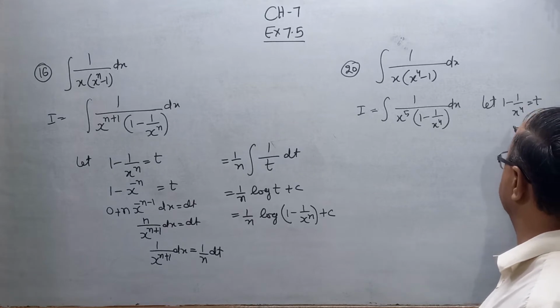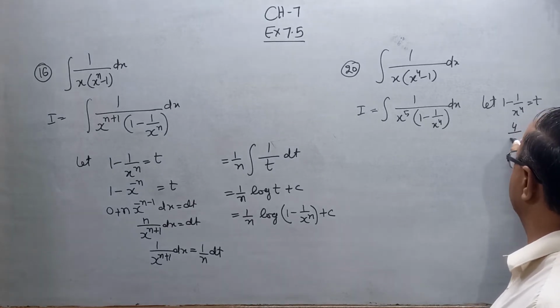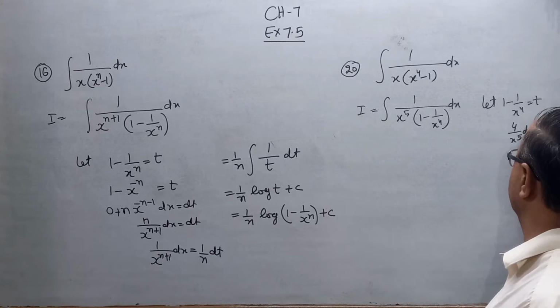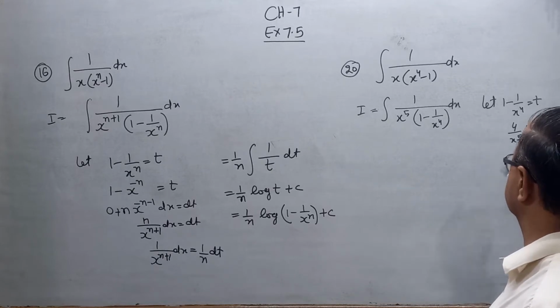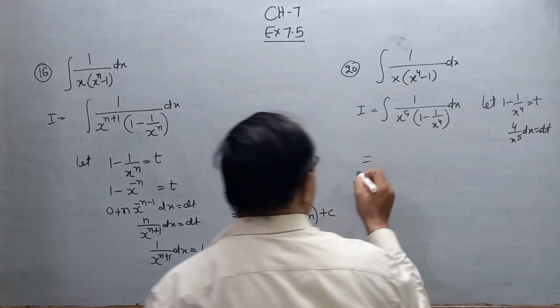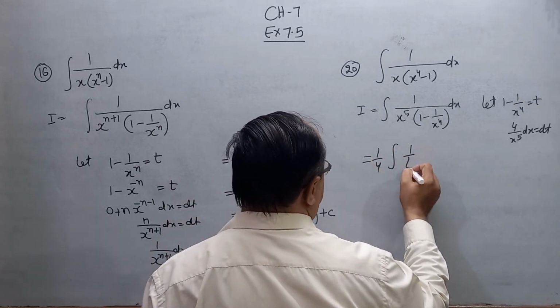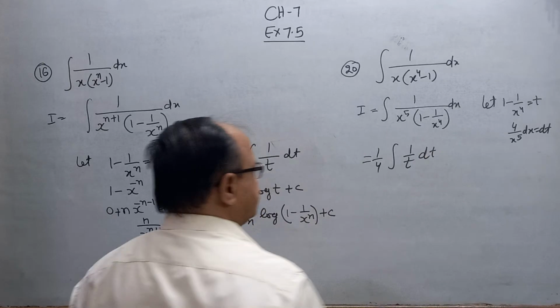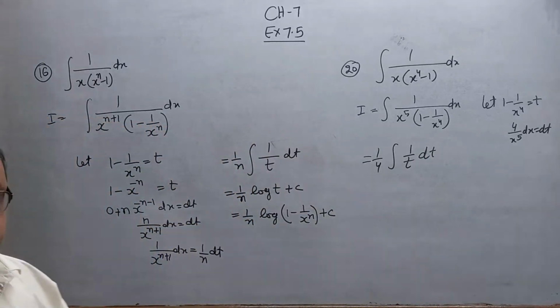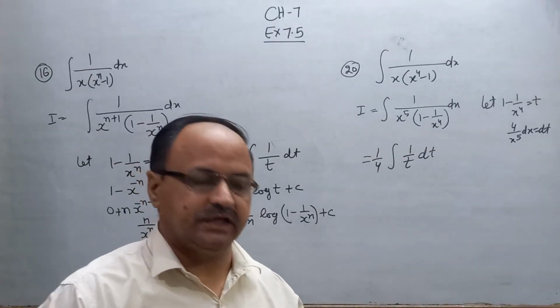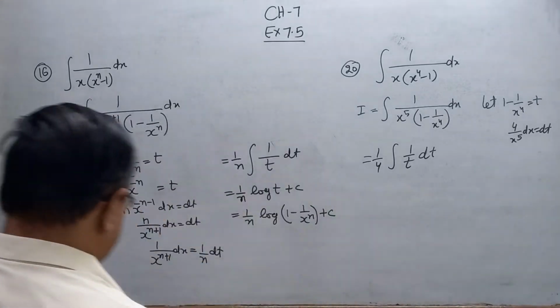The derivative of this, that is 4 upon x to the power 5 dx, is equal to dt. Therefore 1 by 4 is the extra quantity, outside, and 1 by t dt. The integration of 1 by t you know very well, log t. That is the answer.